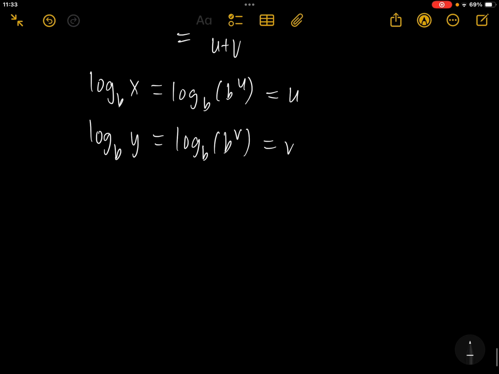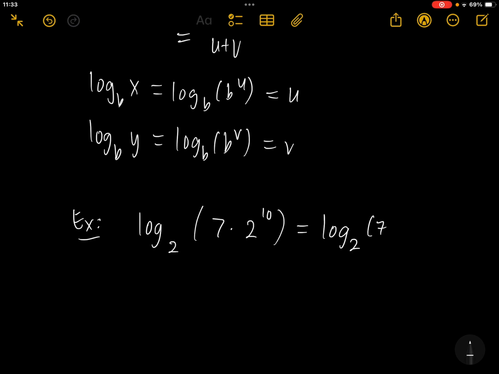So for instance, if I had something like log sub 2 of, I don't know, 7 times 2 to the 10th power, I can split this up as log sub 2 of 7 plus log sub 2 of 2 to the 10th power, and then that's going to be log sub 2 of 7 plus 10.